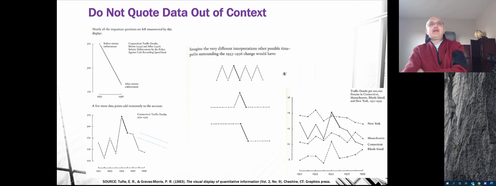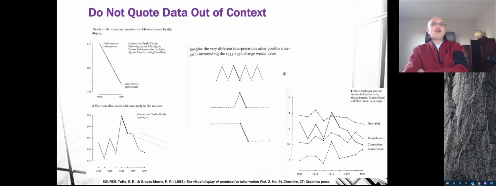Stricter enforcement by the police against cars exceeding speed limits. So somewhere, say starting 1955, they enforce the speed limit more.